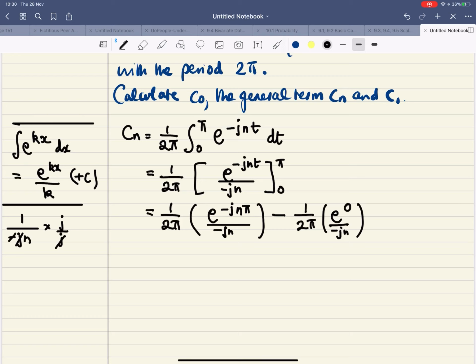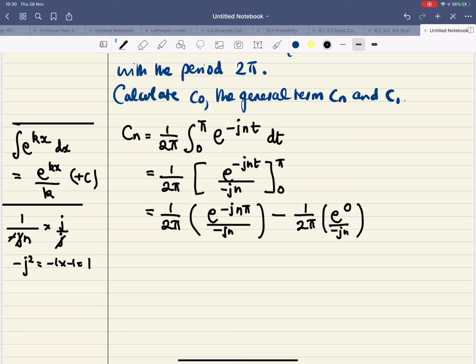With that minus 1, that makes plus 1. So minus j squared is minus 1 times minus 1, which is 1. So you can replace this minus jn with a j on the top and an n on the bottom.